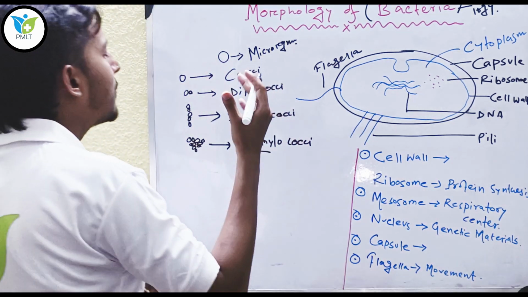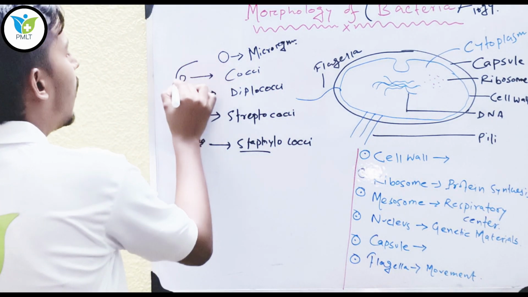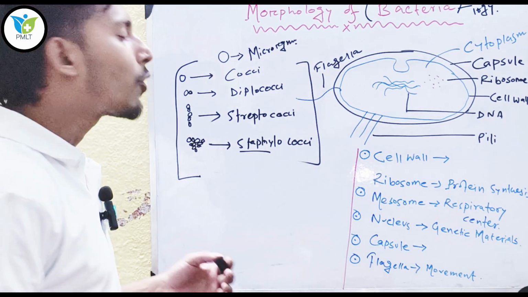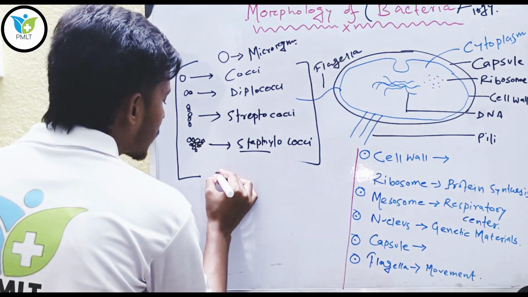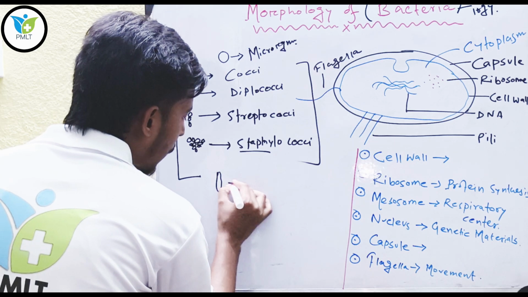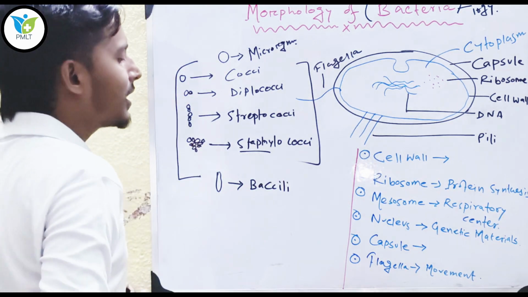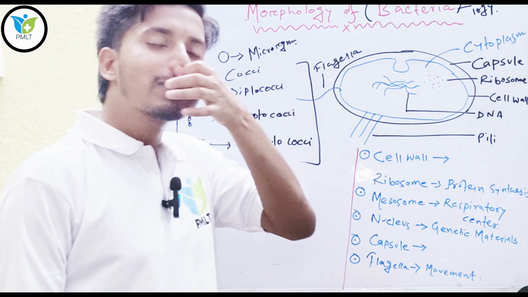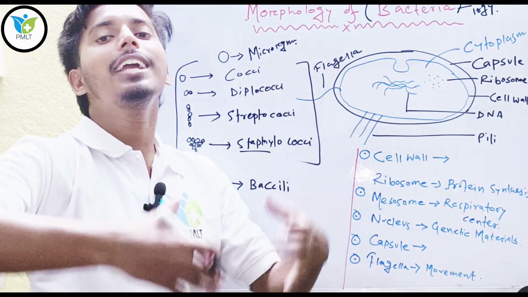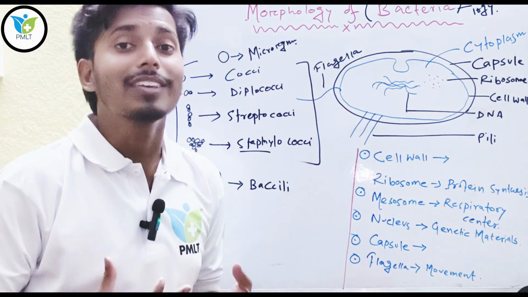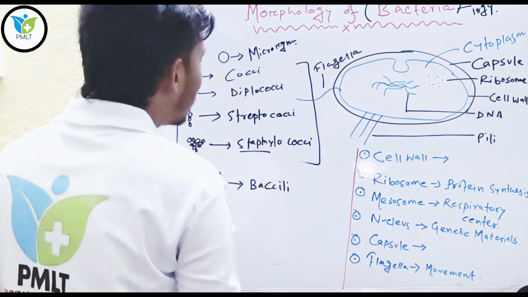That's all regarding cocci. Now I am coming to the rod-shaped bacteria. If the bacteria is rod in shape, that is called bacilli. Understood? When we talk about a single bacterium, it is bacillus.